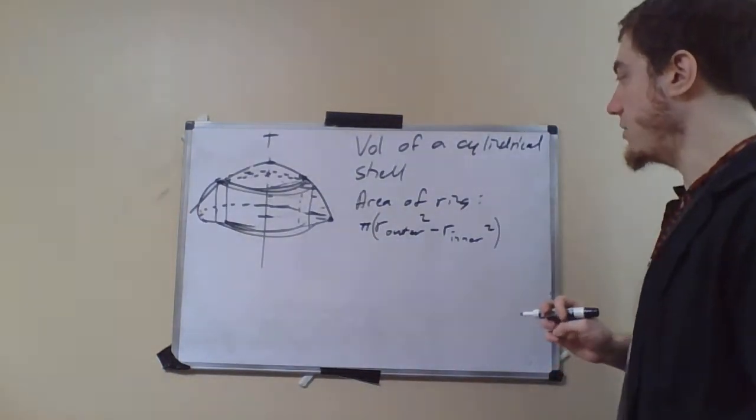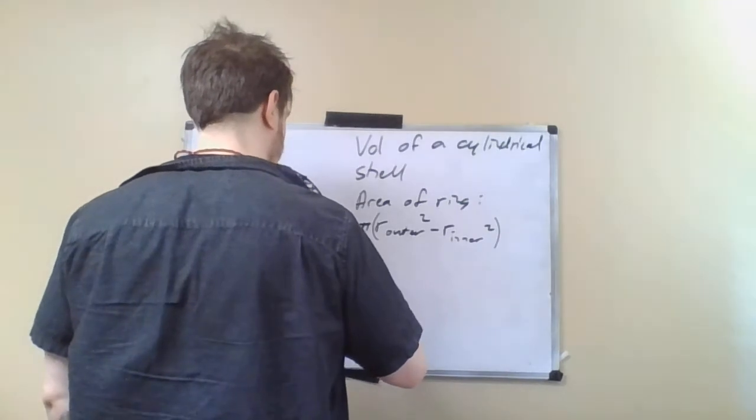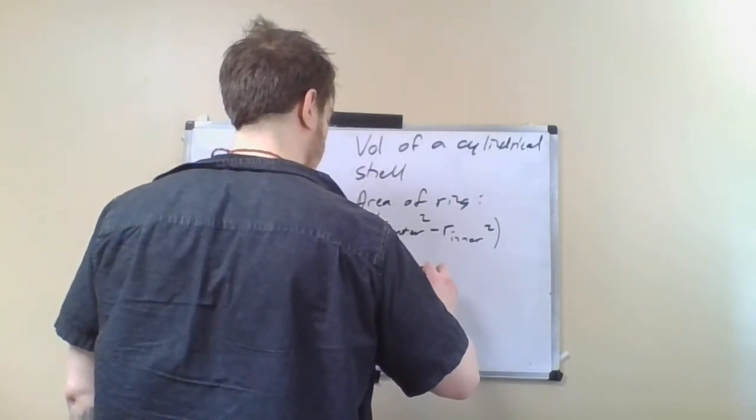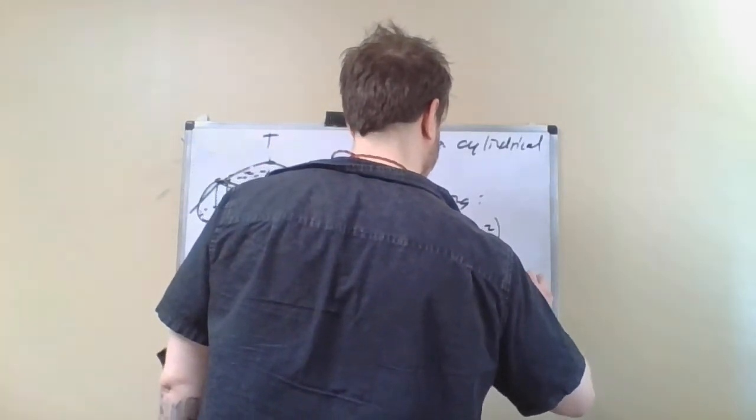Okay, so that works out okay. And then we want to multiply by the height. So we get pi times r outer squared minus r inner squared times the height.